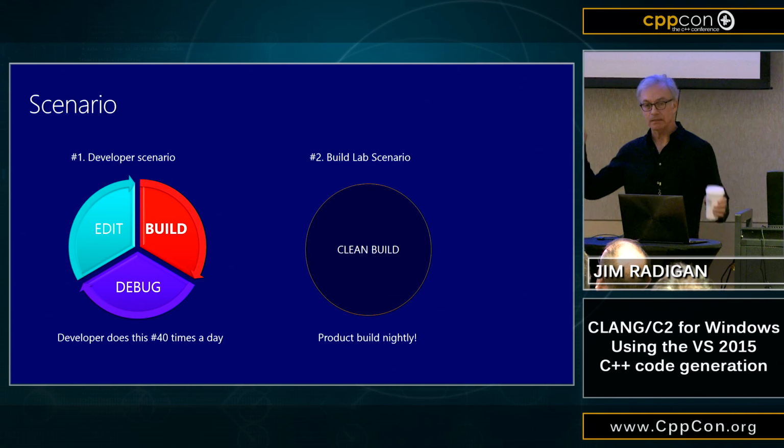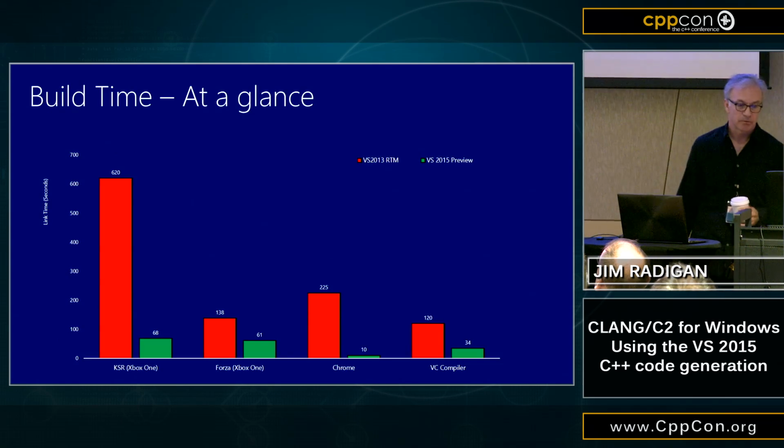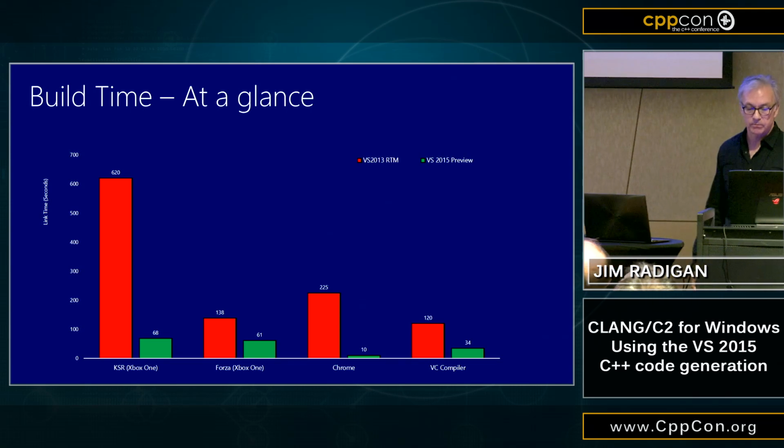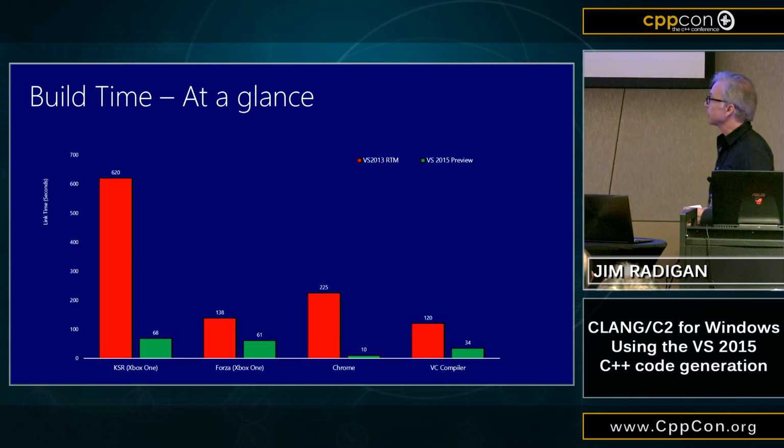Two completely different profiles. So here are our results for build time at a glance for 2013 versus 2015. You can see for Xbox, it's had a tremendous impact. There's Forza, there's Chrome, and there's the compiler itself. Those are some huge, huge changes.